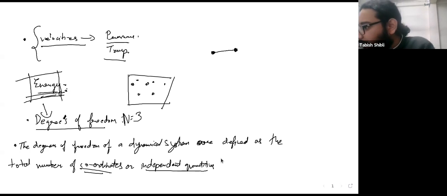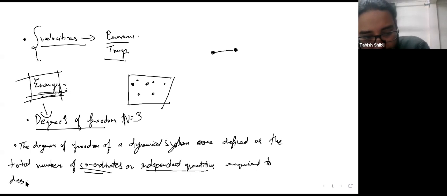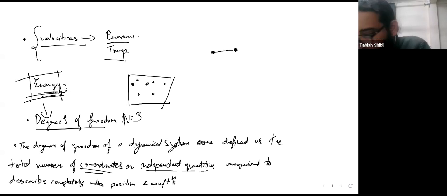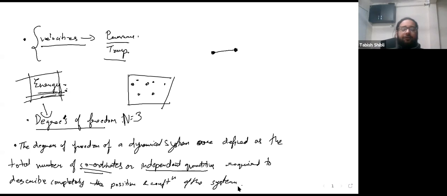Independent quantities is important. Independent quantities required to describe completely the position and configuration of the system. Okay. So this is how you define degrees of freedom.